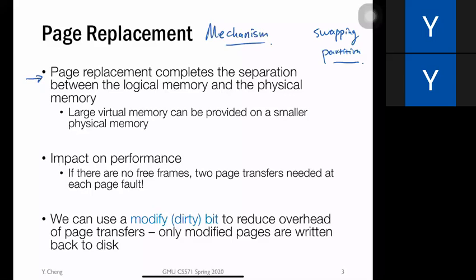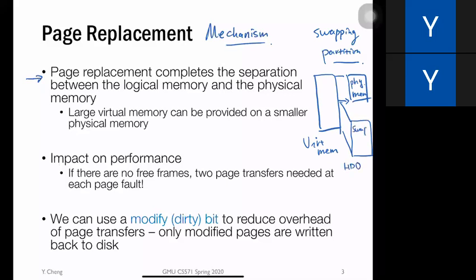If I draw it, let's say this is the virtual memory. The virtual memory has a larger capacity than the physical memory. This part gets effectively mapped to the physical memory, and the rest of the part is mapped to, let's say, a hard disk drive, and this is the swap.